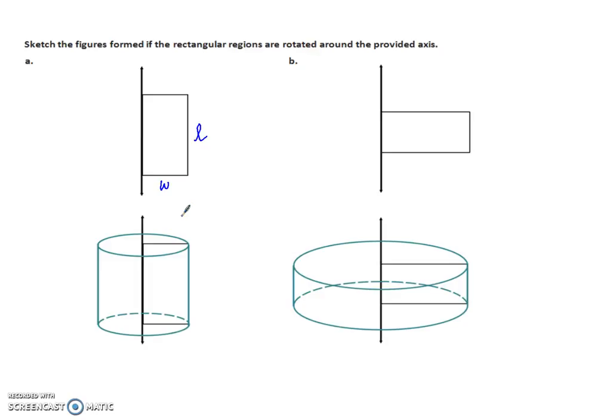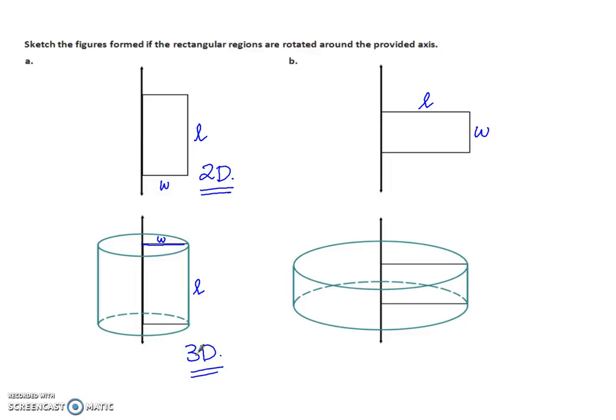If I take this rectangle and rotate it around its length, I get a cylinder, and the radius of the cylinder is the same as the width, and the height of the cylinder is the same as the length. This rectangle is a 2-dimensional figure. When you rotate it, you get a 3-dimensional shape. It comes out to be a cylinder.